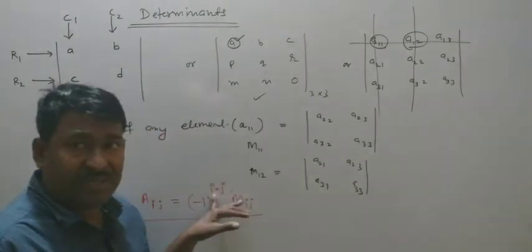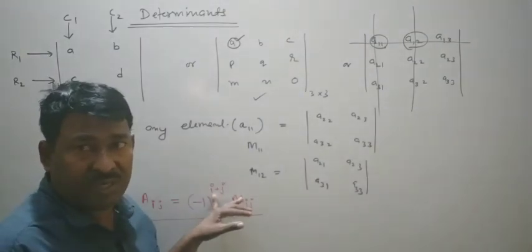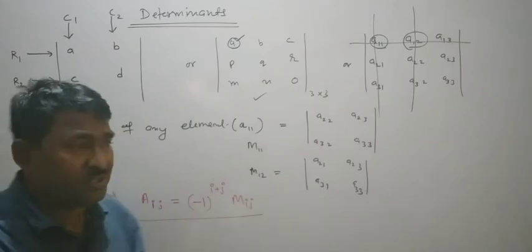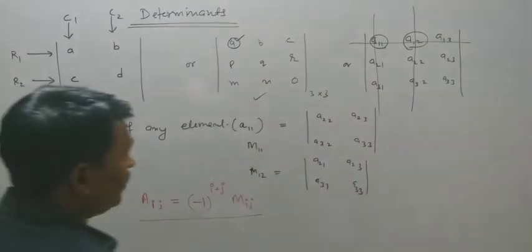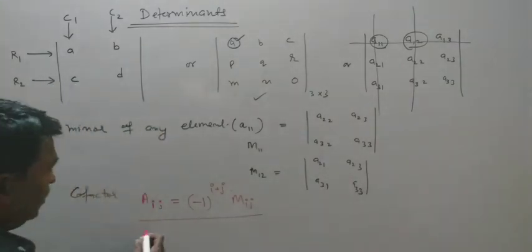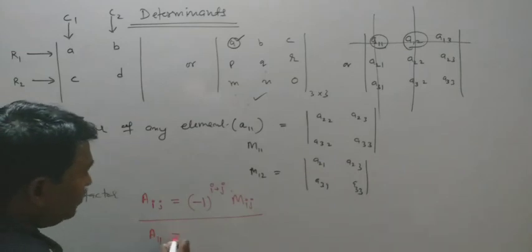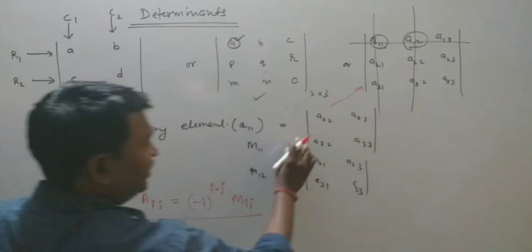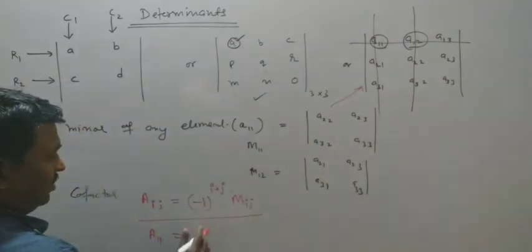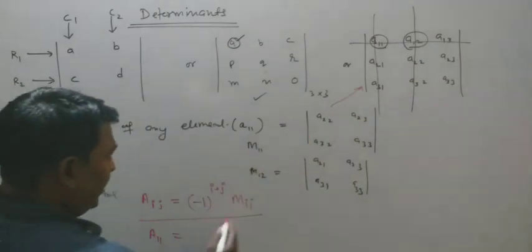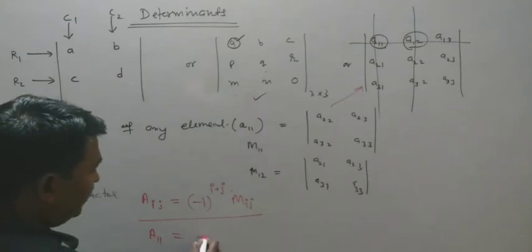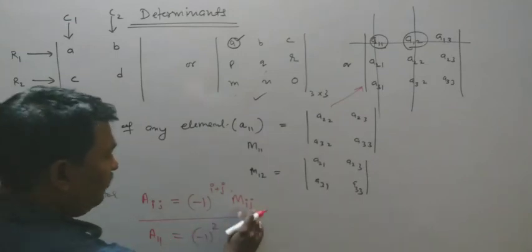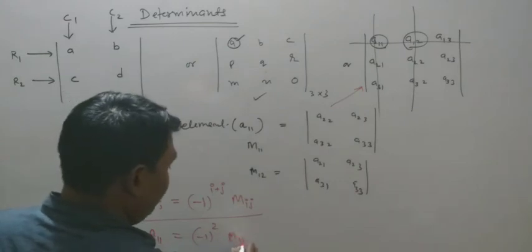Here i is the number of row for that element and j is the number of column in which that element is present. For example, if you want to find A11 for this example, for this we have calculated minors, and here A11. So for A11, here (-1) whole power 1 plus 1, that is 2, times minor M11.